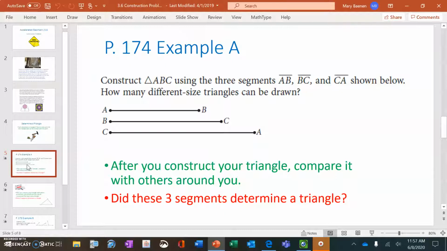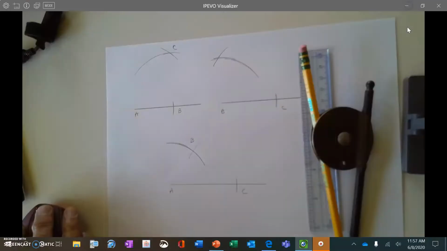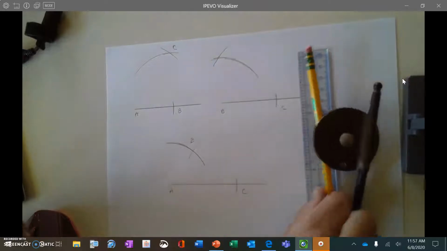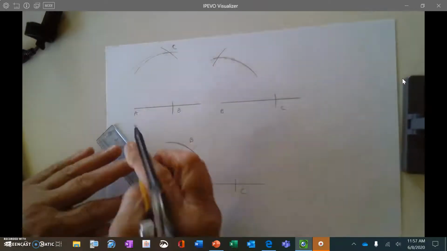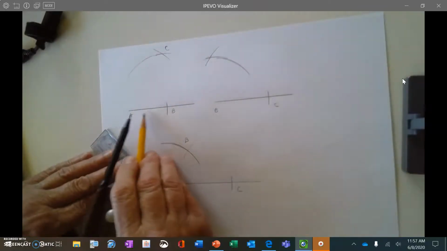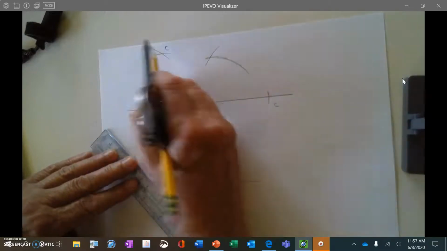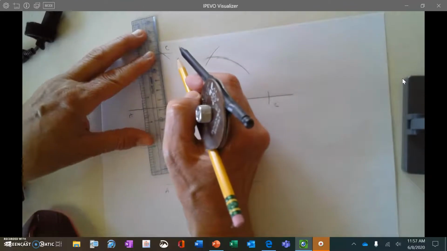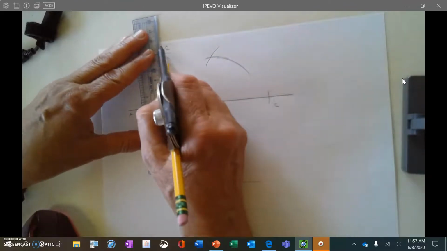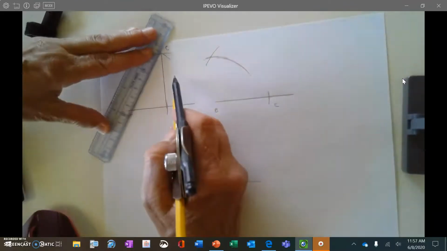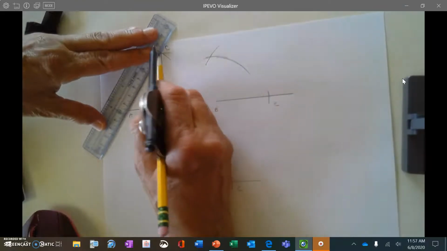Did the 3 segments determine a triangle? So I took those 3 parts, and I started first with AB in this drawing, and I then did AC and BC, and I will now get a triangle out of those 3 parts.